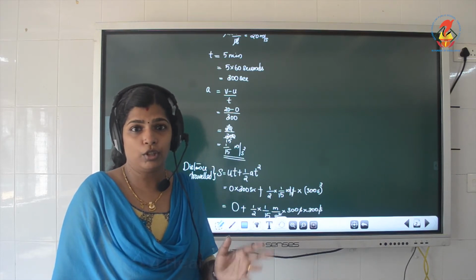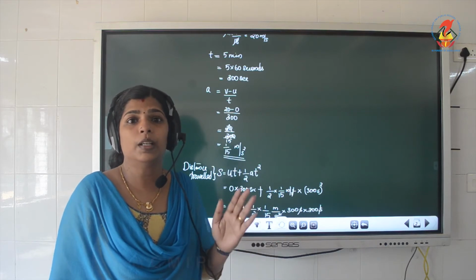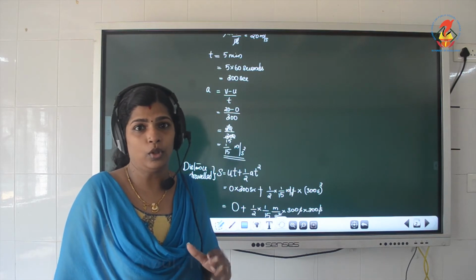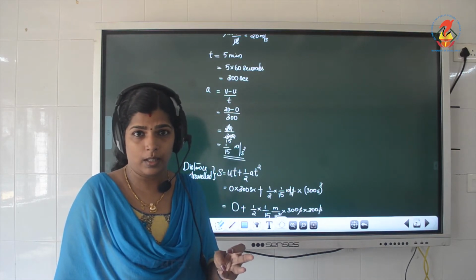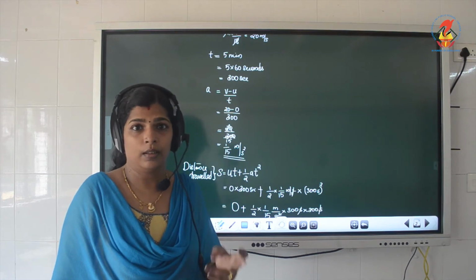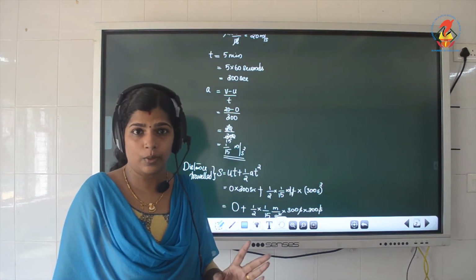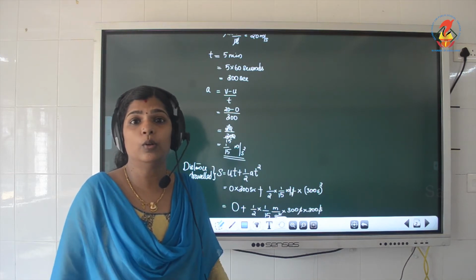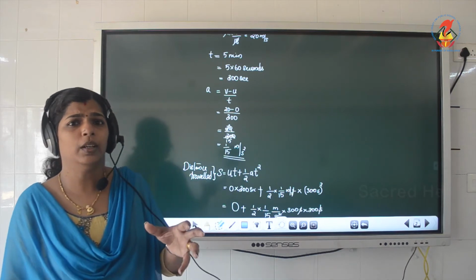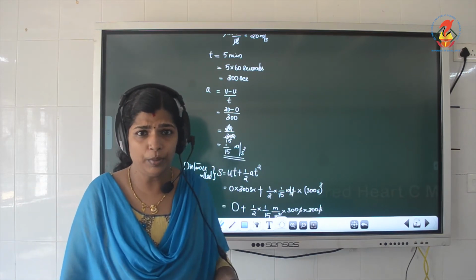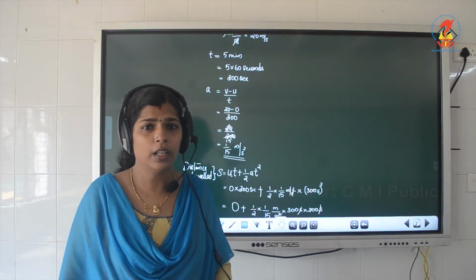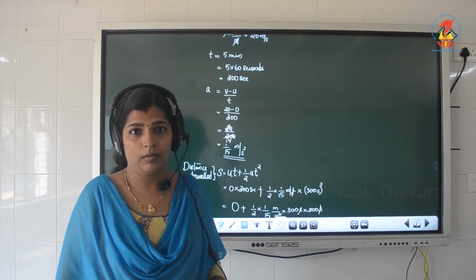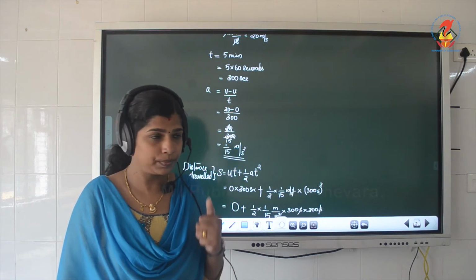When you solve a problem, convert all physical quantities to their SI units: velocity in meter per second, distance in meter, acceleration in meter per second square, time in seconds. If it is given in kilometer per hour, convert it into meter per second. If it is given in hours or minutes, convert it into seconds. Then do the problem.